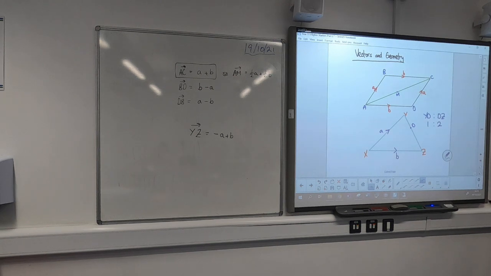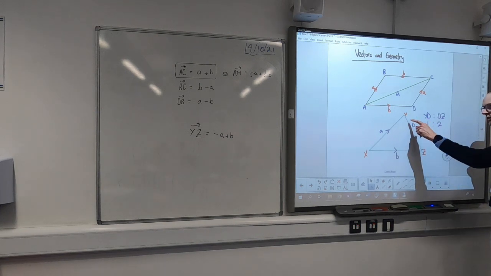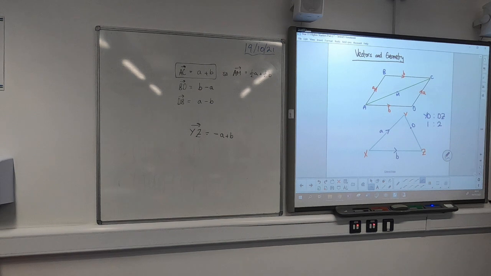I guess the first question is, what fraction of the way down there is that? So what do you reckon, Max? If that's in the ratio 1 to 2, how far down the line is that? What fraction? 1/3. Brilliant, brilliant.